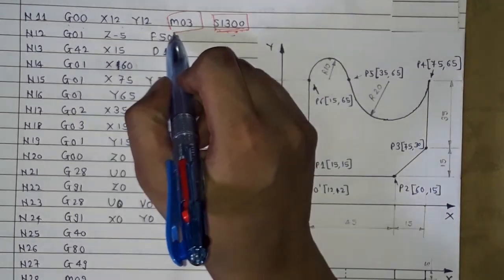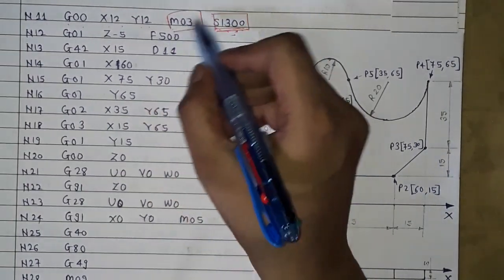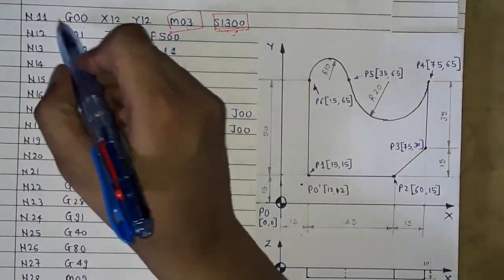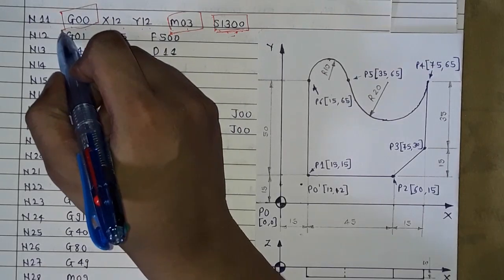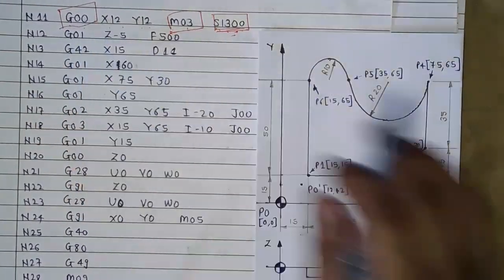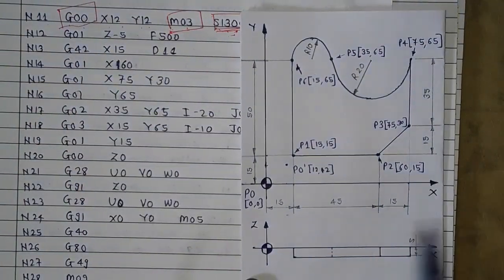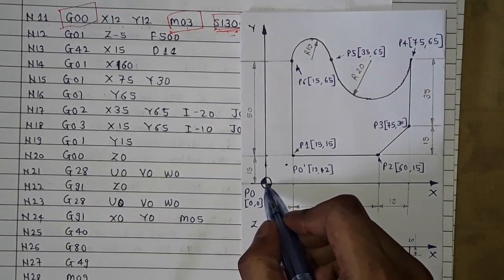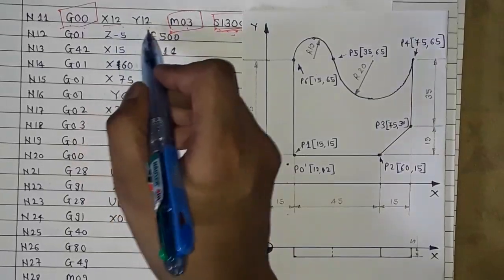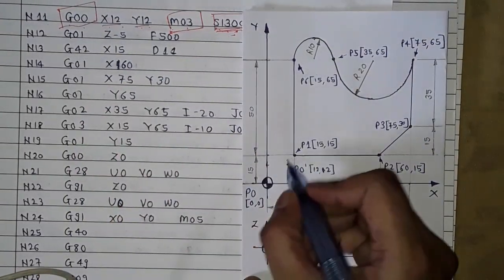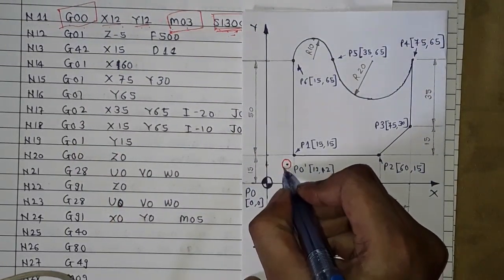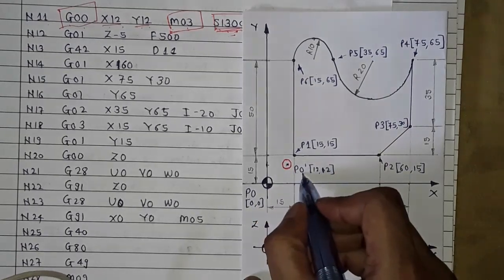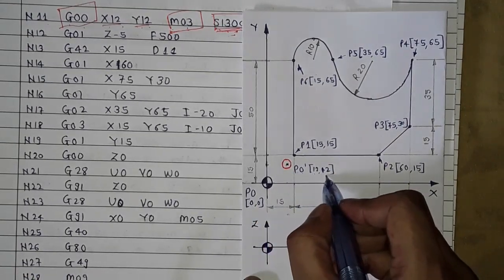M03 is for spindle on in clockwise direction, and G00 is the rapid tool positioning. In this diagram, the tool from this home position will go to X12 Y12, that is, the tool will be in this position, P0 12 12.